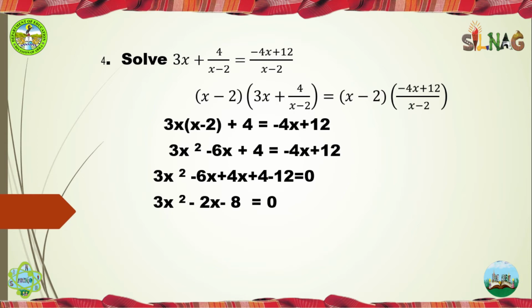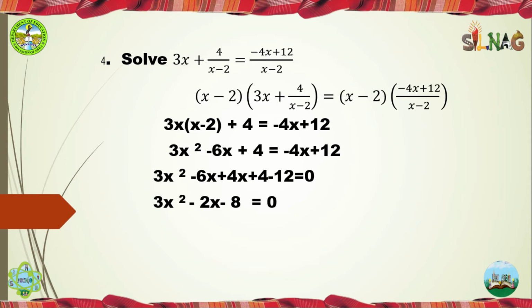Then we simplify the two sides of the equation. So we have x minus 2 times 3x is 3x times the quantity of x minus 2. Then we divide x minus 2 and the denominator of 4 over x minus 2, which is x minus 2. So it is equal to 1 times 4 is positive 4, is equal to x minus 2 divided by x minus 2 at the right side.